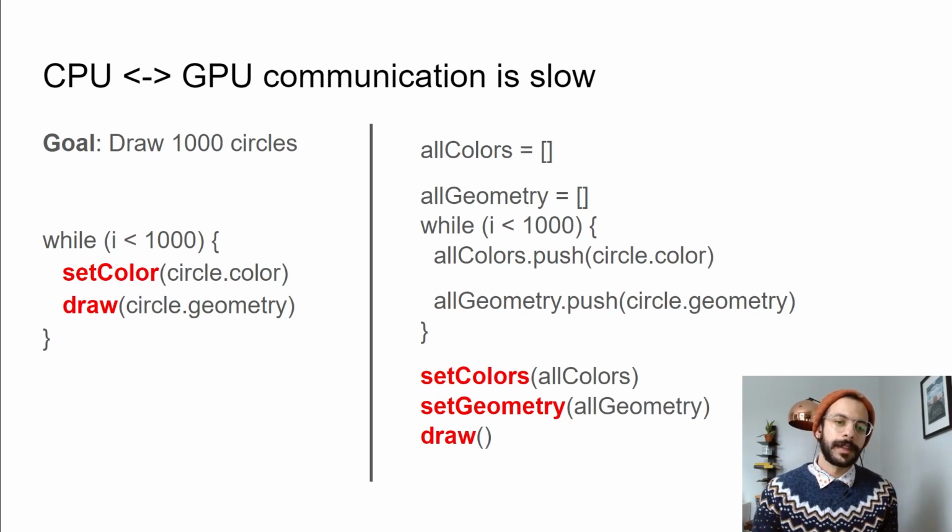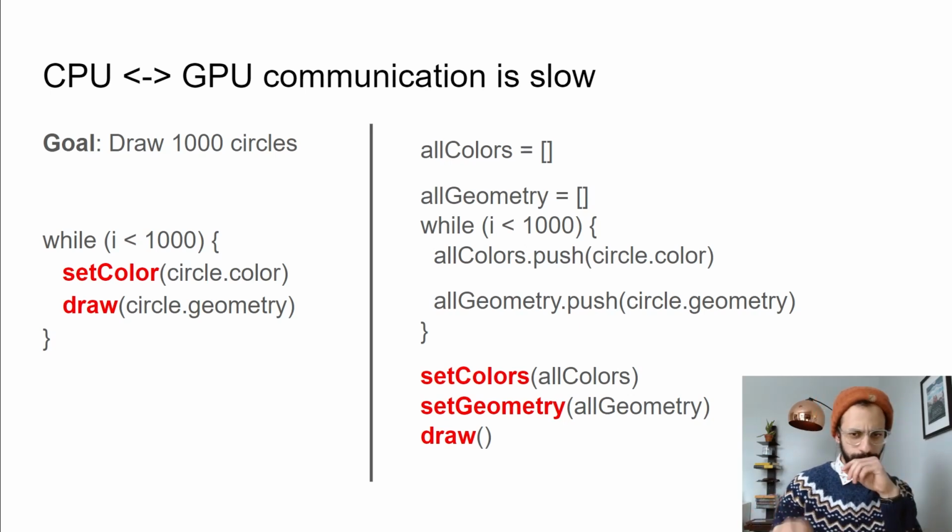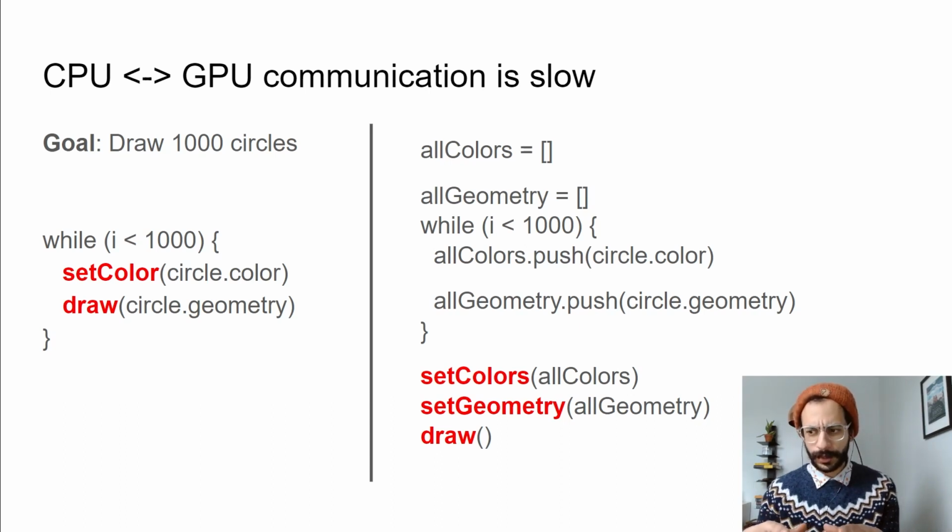Then I'm going to put all of the colors together for all of the circles, and put all of the geometry together for all of the circles, and then I'll do one draw call, fire the cannon once. And one thing that's missing here that's implicit is there's got to be some kind of index that ties these two arrays together.